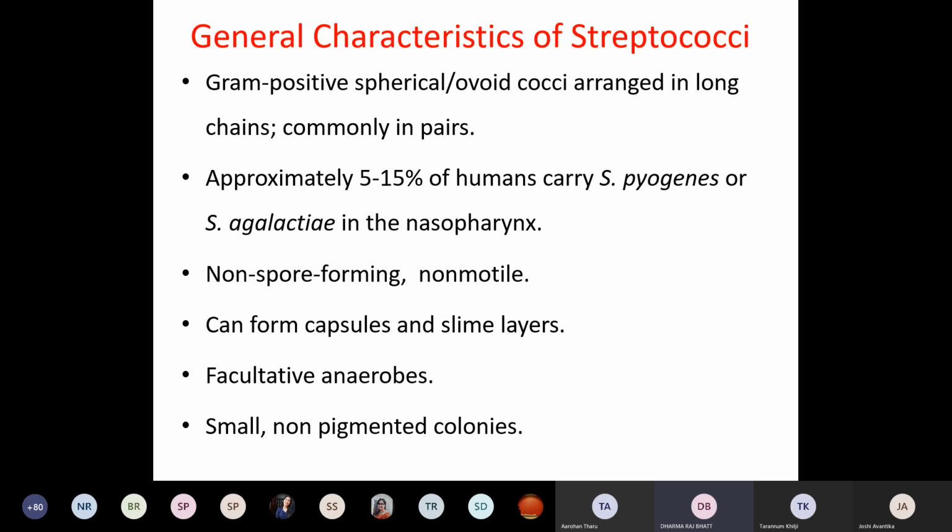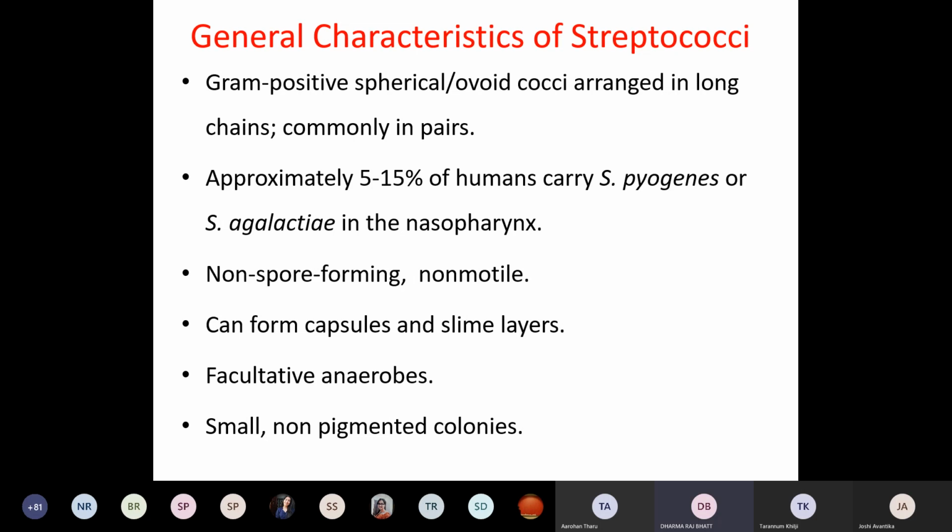Now about their habitat, approximately 5 to 15% of humans carry Streptococcus as normal flora, especially Streptococcus pyogenes and Streptococcus agalactiae. These two are the important pathogenic species in the genus Streptococcus, associated with respiratory as well as other infections.